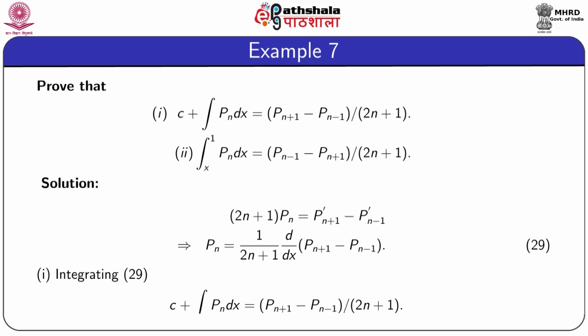If we integrate 29, we will get on the left hand side the integration of P n dx plus the integrating constant c is equal to 1 by (2n plus 1) multiplied by (P n plus 1 minus P n minus 1), which is the proof of the first part of this example.